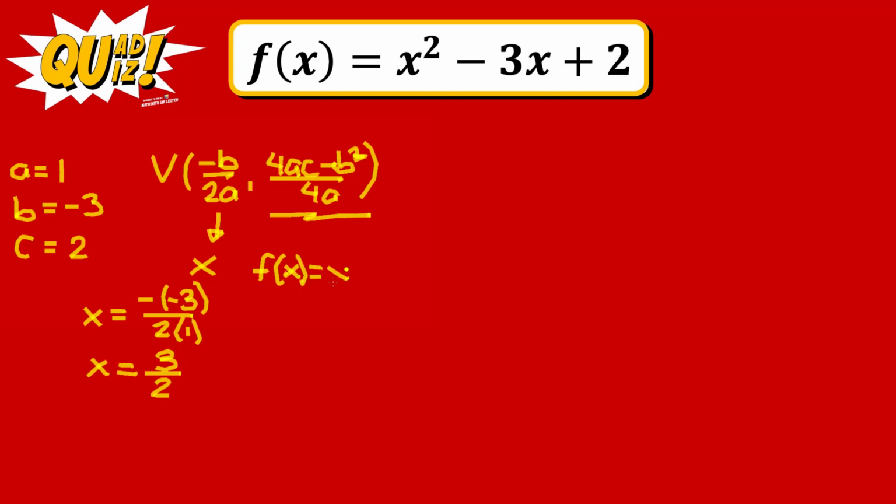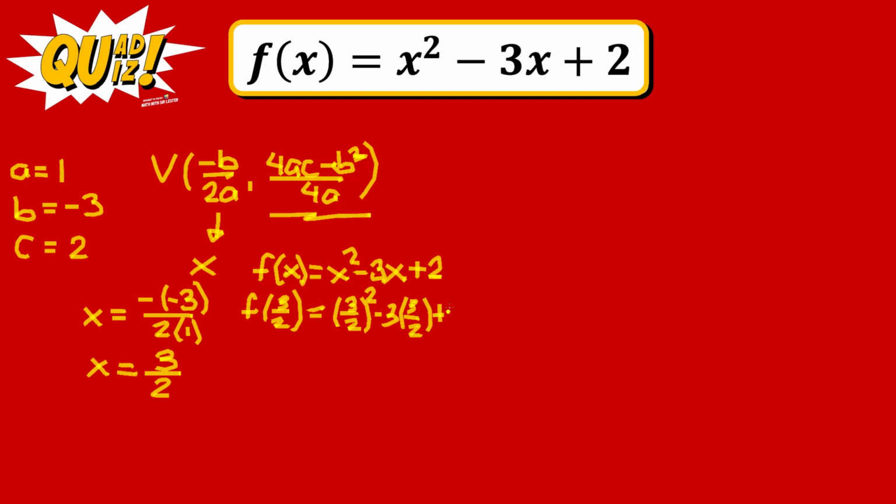You have x squared minus 3x plus 2. So you will have here f of 3 halves, meaning you will be changing the values of x into 3 halves. So you have here the square of 3 halves minus 3 times 3 halves and plus 2.